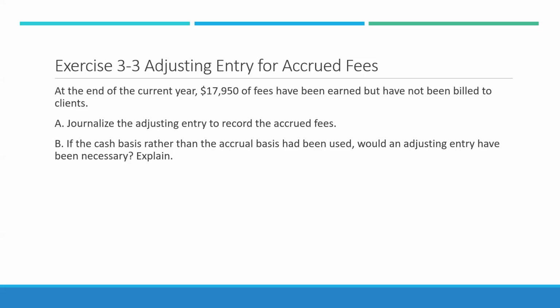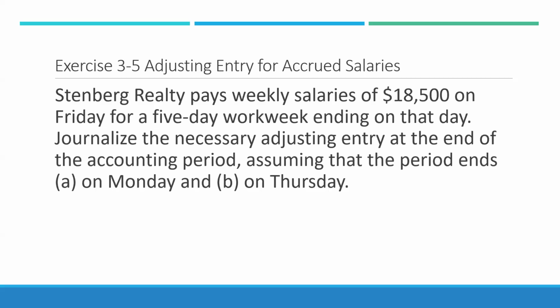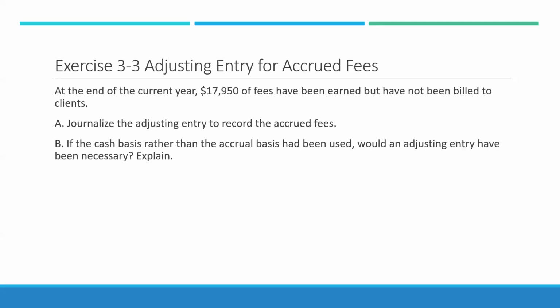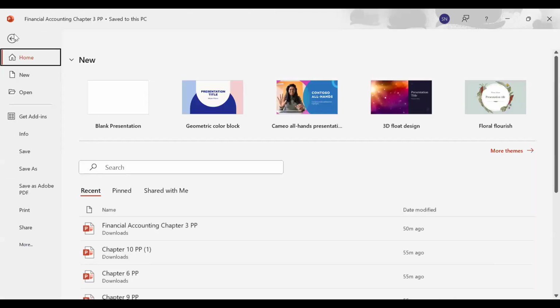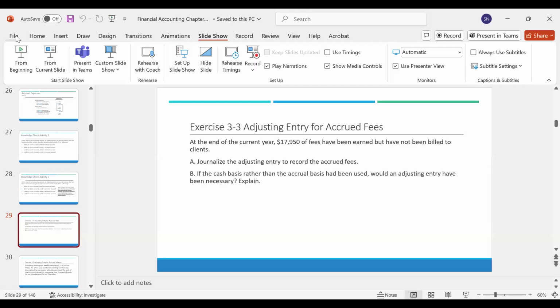Okay. So what do you guys think? What are we going to do? How would we journalize this? We debit accounts receivable and credit fees earned. I'm sorry, let me duplicate this.